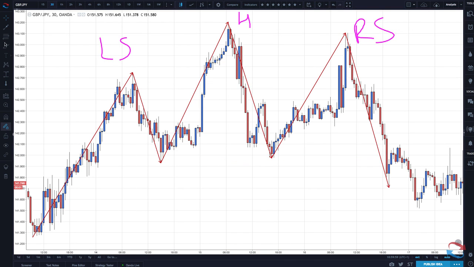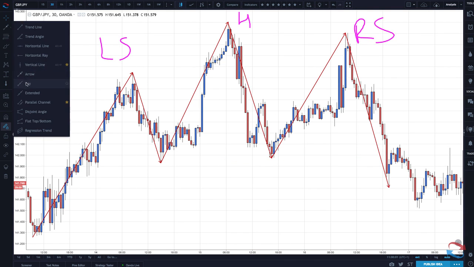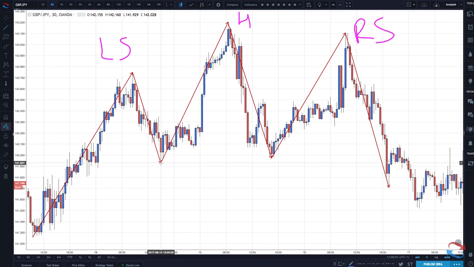So let me get a better tool. Let's get the ray tool and turn on my magnet tool, and this would be the level of the neckline.